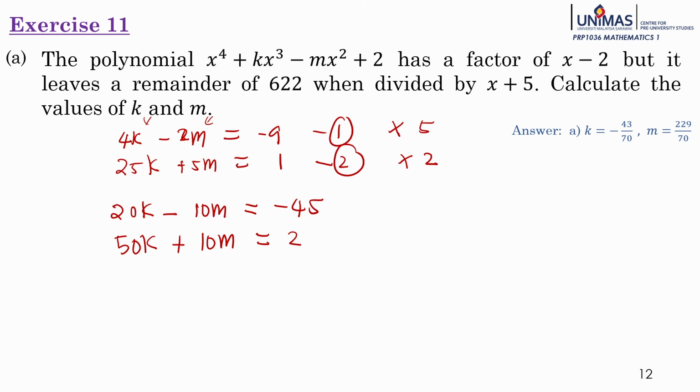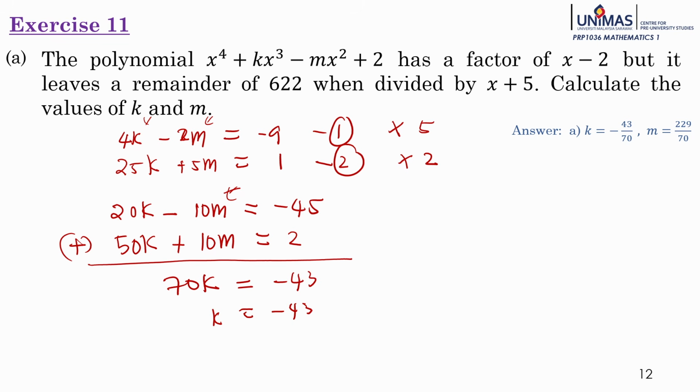Now we can solve. To make this one become 0, that means we have to add. So 20 plus 50, we get 70k, and then m becomes 0. Negative 45 plus 2, we have negative 43. So we can get k equals negative 43 over 70.